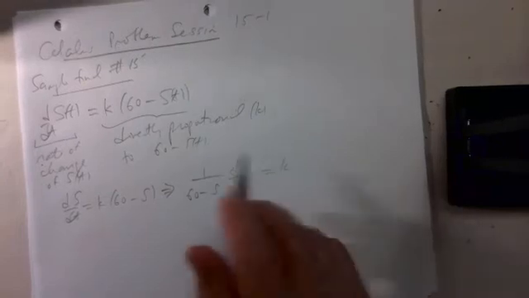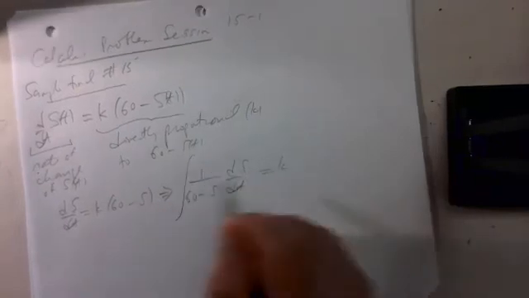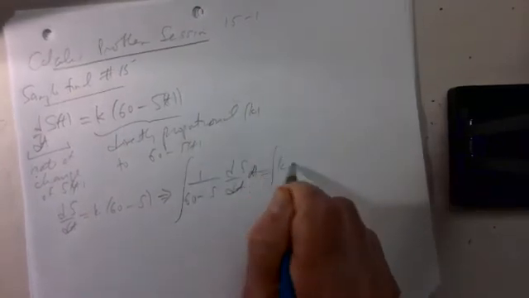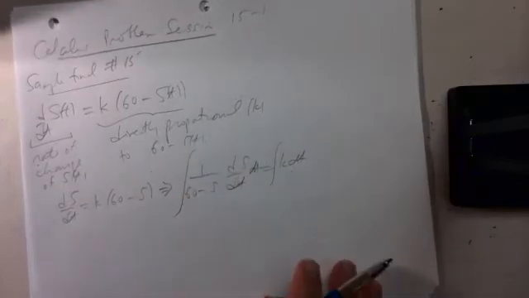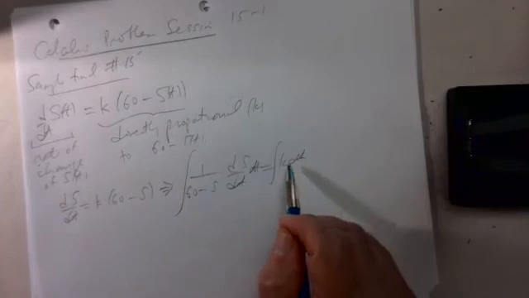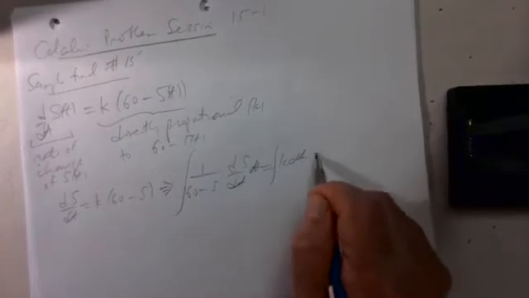And then I'm going to integrate with respect to t. So what we have on the right, of course, the integral of k dt, that's just kt plus a constant.